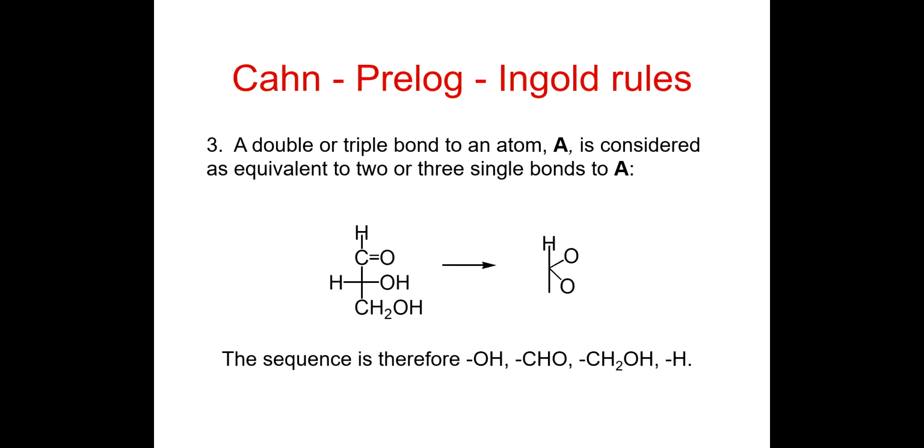If a double bond or triple bond is connected to atom A, it is considered as equivalent to 2 or 3 single bonds to A. For example, this carbonyl group, with a carbon-oxygen double bond here, is considered equivalent to the carbon atom being connected to 2 oxygens.